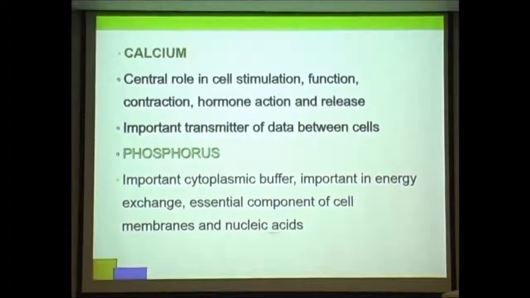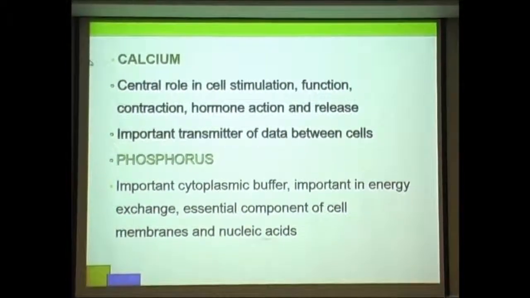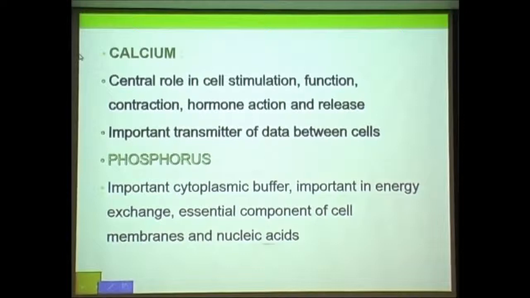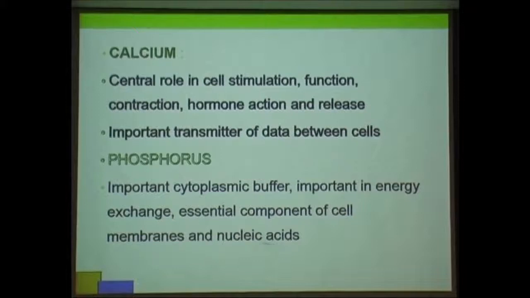Now, calcium is an extreme stimulation, so all kinds of neuromuscular contractility, excitability, nerve transmission, contraction of muscles, hormone action and release, very importantly dependent on calcium. You know that the cardiac myocytes are dependent on calcium, insulin release is dependent on calcium. It's an important transmitter of data between cells.